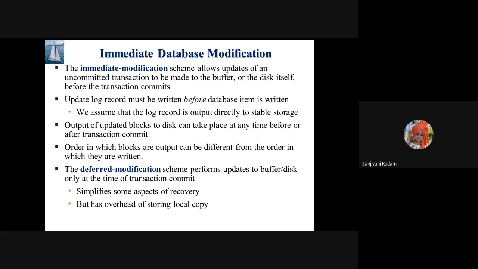As I mentioned, whenever immediate database modification is done, it will make changes to the buffer copy, but those changes will be written periodically, maybe once or twice a day, hourly, or every 10 minutes. In this way, the processor will decide when to make changes to the disk itself. So it is not fixed that it happens when my transaction is committed.